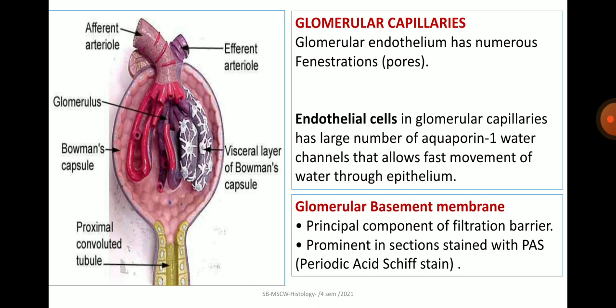This slide once again shows the structure in a section of the region of Bowman's corpuscle or glomerular corpuscle, where one can find the afferent arteriole entering into the Bowman's capsule and forming a tuft of itself, and then leaving the glomerular region in the form of the efferent arteriole.